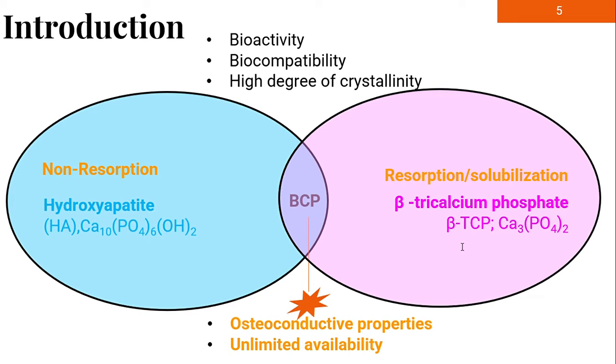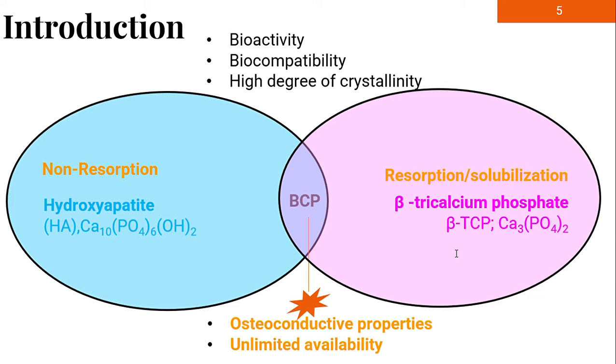For that reason, these have osteoconductive properties, which means that they can elicit bone repair. However, because hydroxyapatite is a significant compound of the hard tissues, it is stable in the human body, in the body fluid, and difficult to be absorbed.